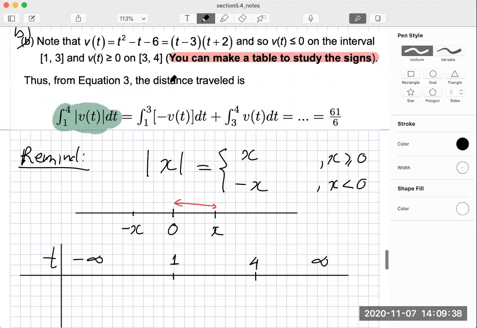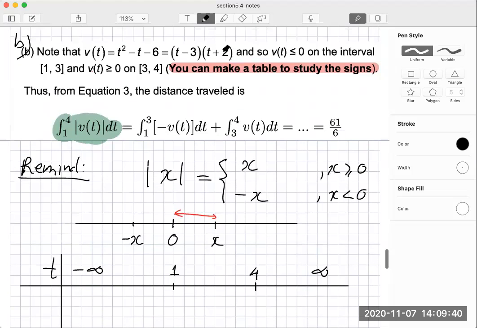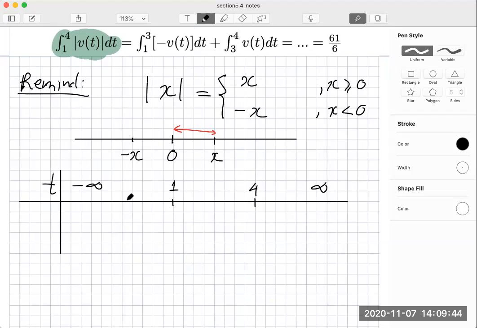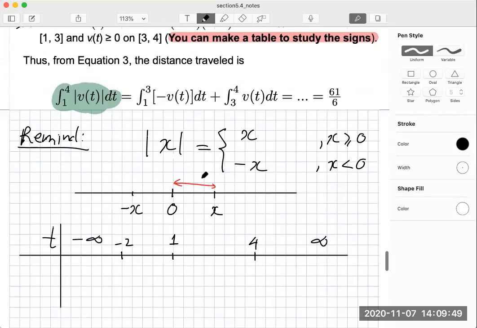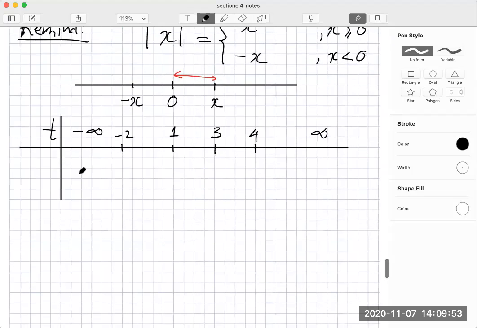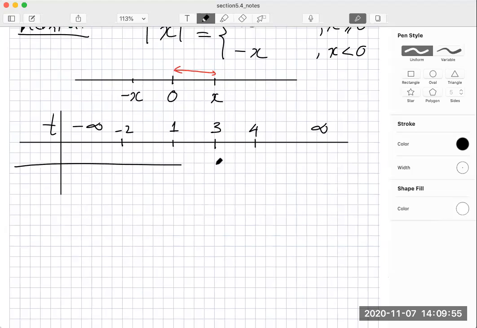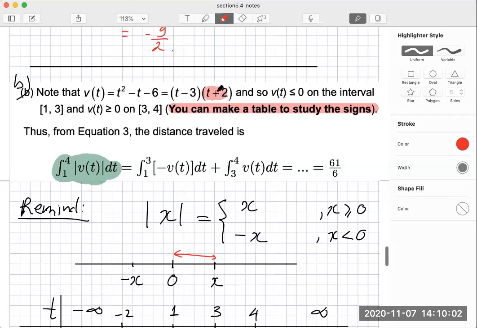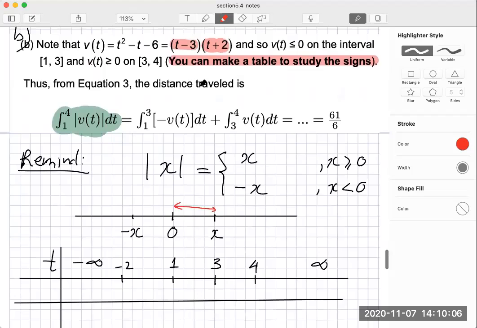And this function has two solutions. The first one is -2, right? The second one is 3. Let us break it into two small functions, t plus 2 and t minus 3, okay?